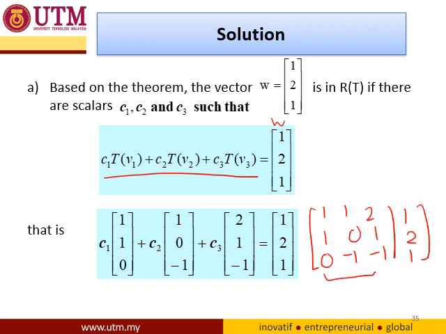This is from your previous chapters. When you solve it, you must find the scalars. If you find a value, then we can say that it belongs to the range. If you do not find the value, it does not belong to the range.